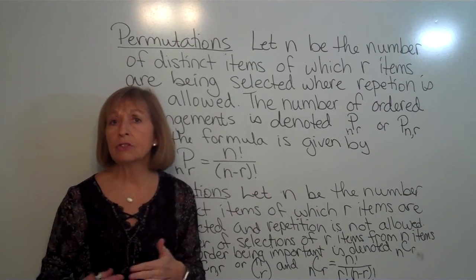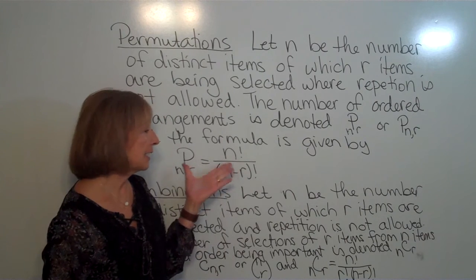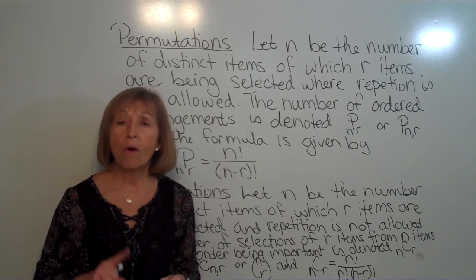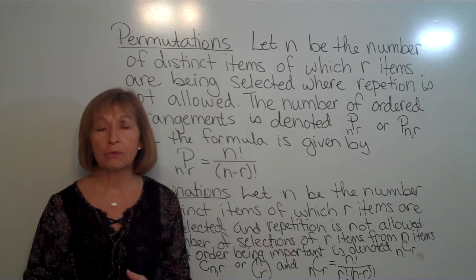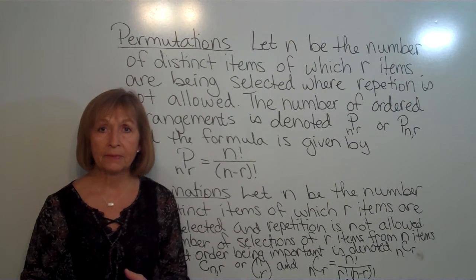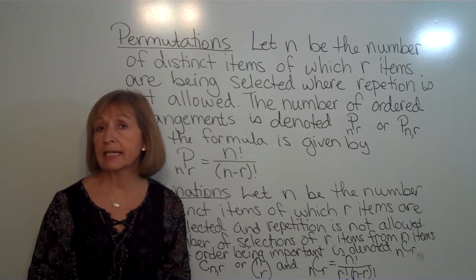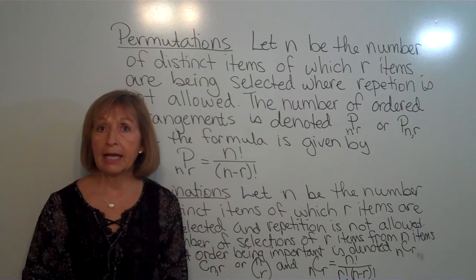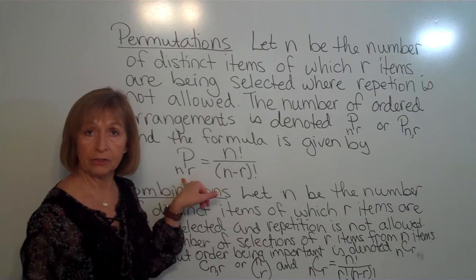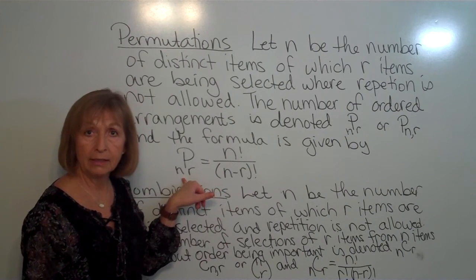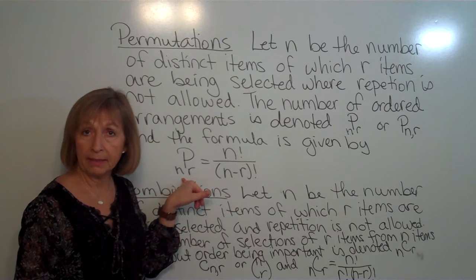Now you can either do this by the formula that is listed here, and we'll show some examples of that, or there is a place on your calculator that will do the work for the permutations. With the TI-83 or TI-84 calculator, you put in the number for the n first on your calculating screen. Then you push the math button.